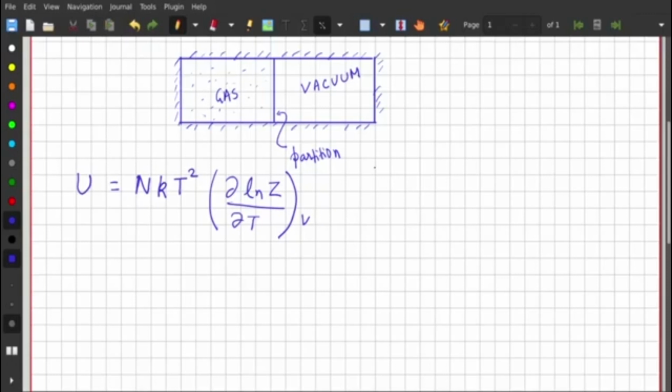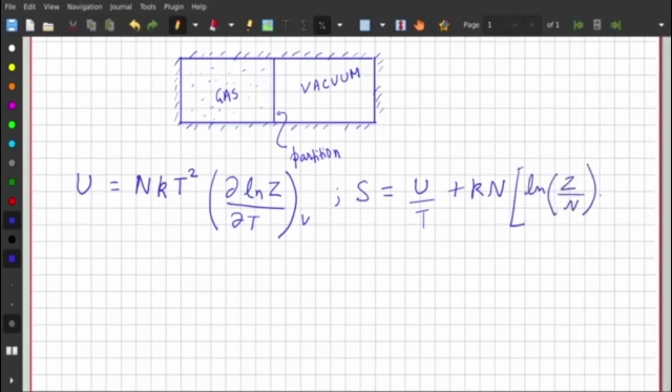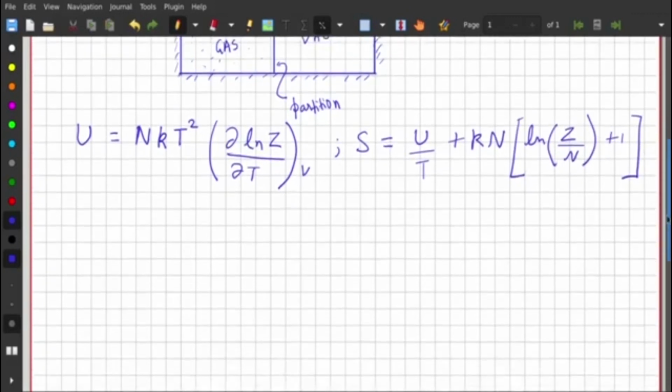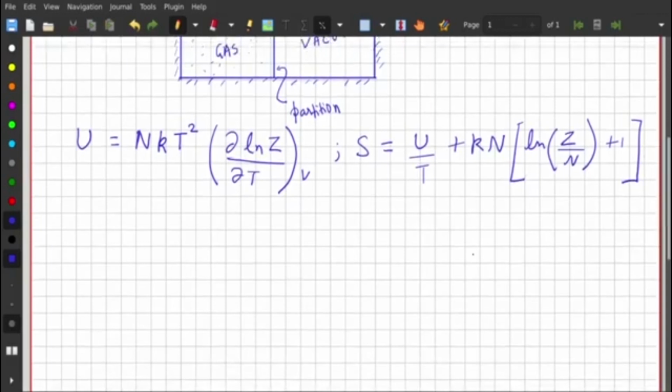So this is the internal energy, and similarly the entropy is given by the relation U over T plus n k times the logarithm of the partition function divided by the number of particles plus 1.